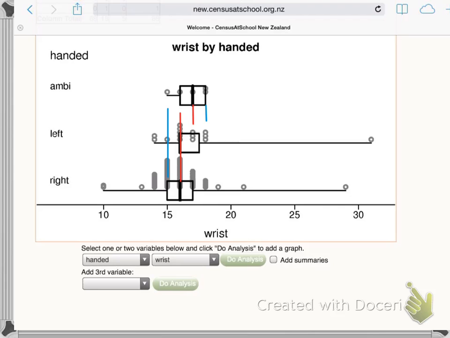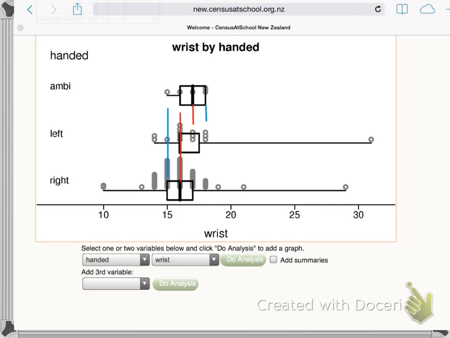I hope you can, because if I'm comparing right-handed people and their wrist circumference with ambidextrous people, I reckon I can say, back in the population of secondary school students in New Zealand, it's a fairly safe bet that ambidextrous people will have a larger wrist circumference.